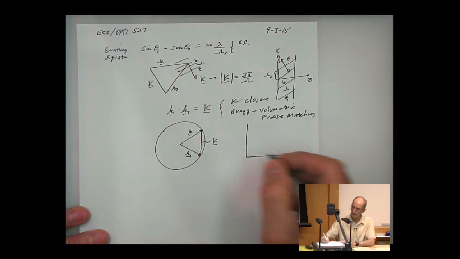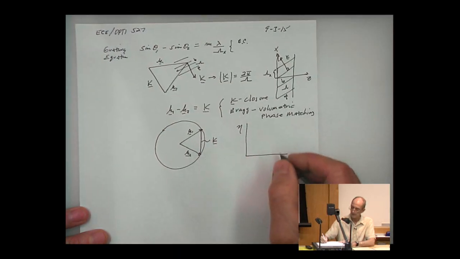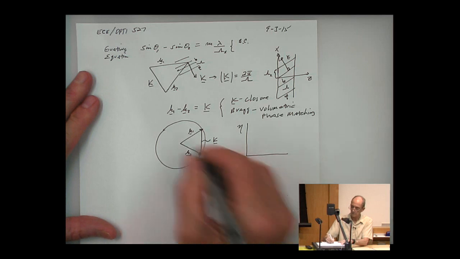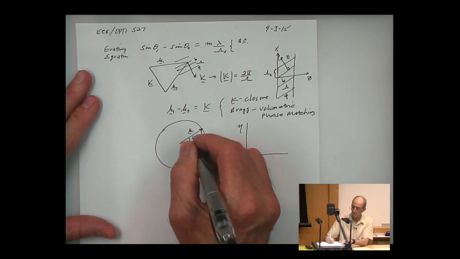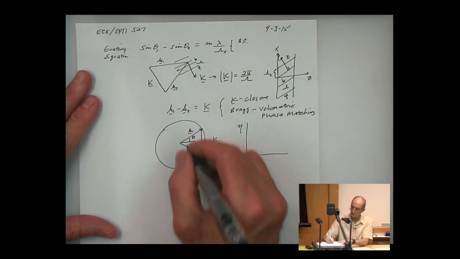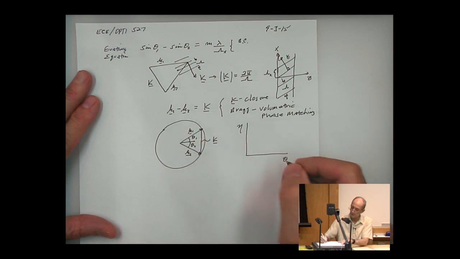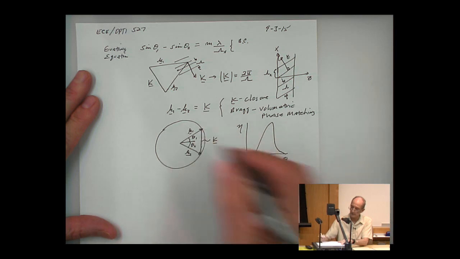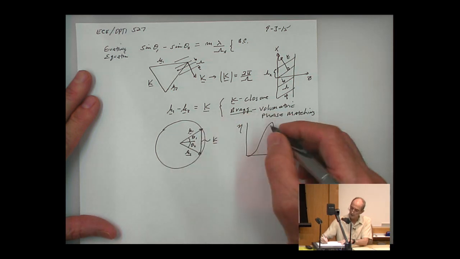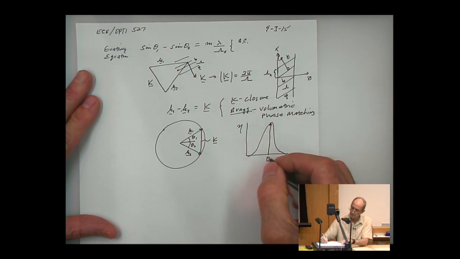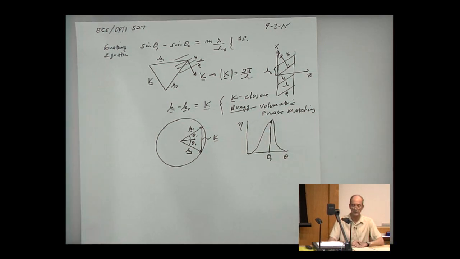As we pointed out last time, if we look at the diffraction efficiency versus the angle that we may have for these, then when we are at this k-vector matching condition, the Bragg condition, we're going to be right at the peak of the diffraction efficiency for that hologram or grating.